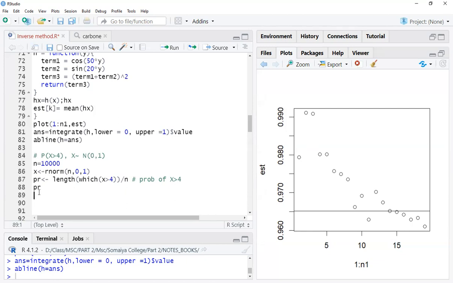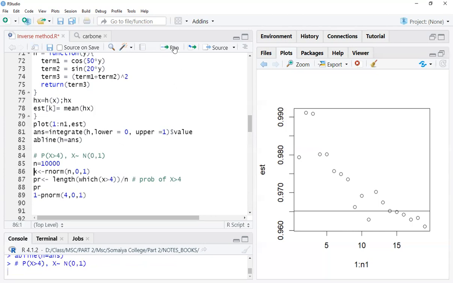So just look at this answer: 1 minus the CDF, pnorm under 4 comma 0 comma 1. Just look at this.